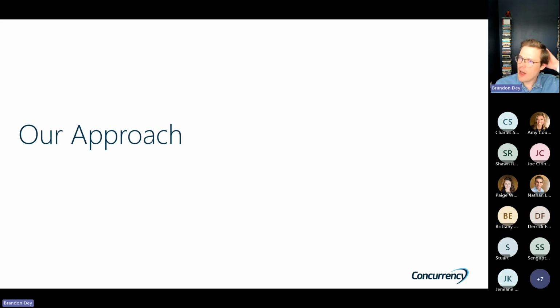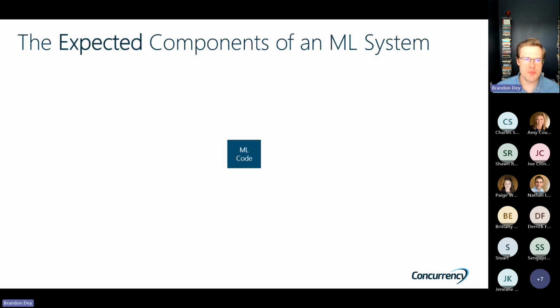Okay, so how do we go about building these? Most people, when they hear AI solutions or machine learning solutions, think of a little box of machine learning code, and that's it.